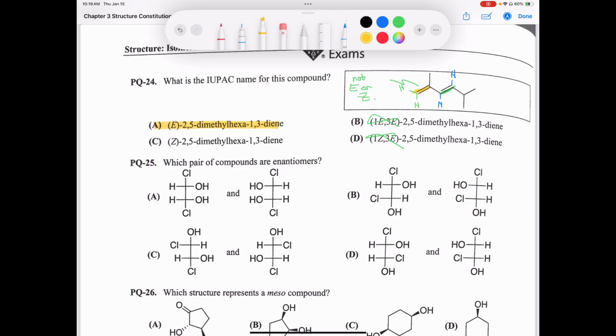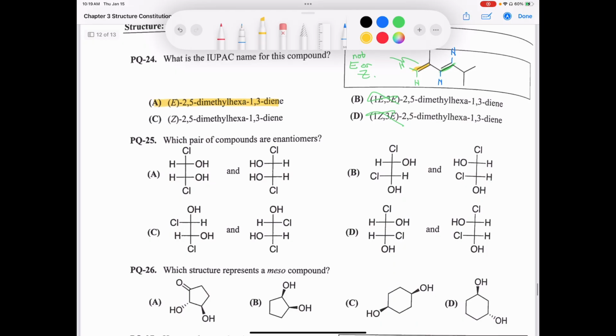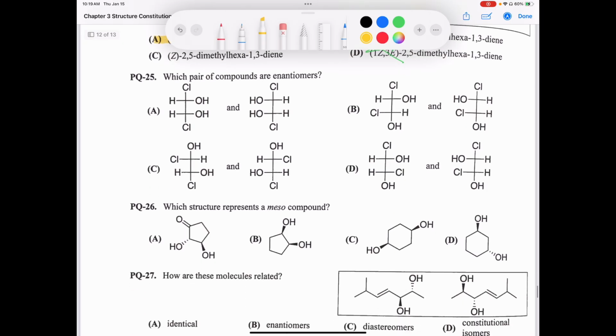All right, number 25, which pair of compounds are enantiomers? I find this question kind of weird, and maybe somebody can comment in the video. First of all, you can see that these compounds here are meso compounds, so they're achiral compounds. So these are meso.